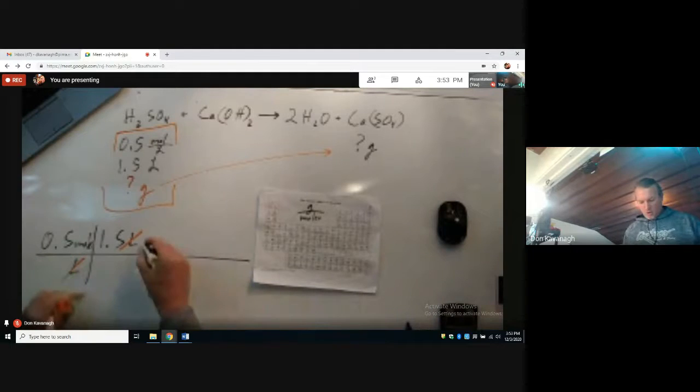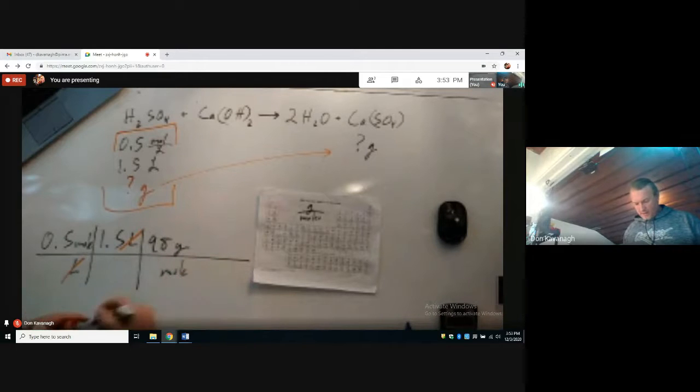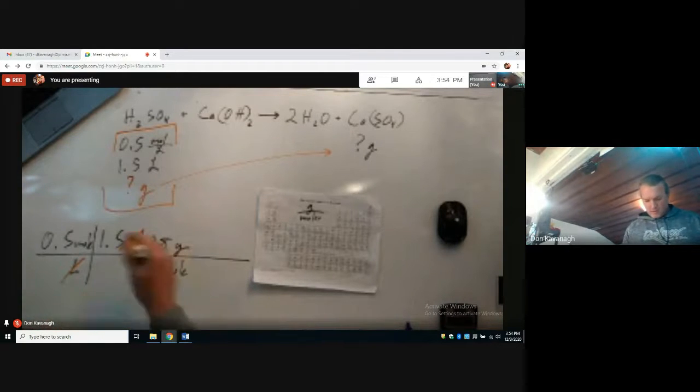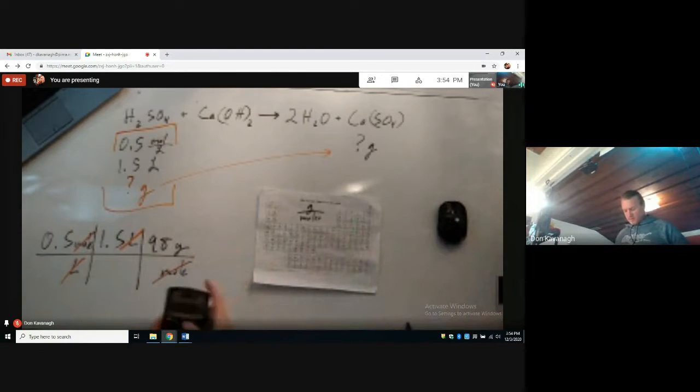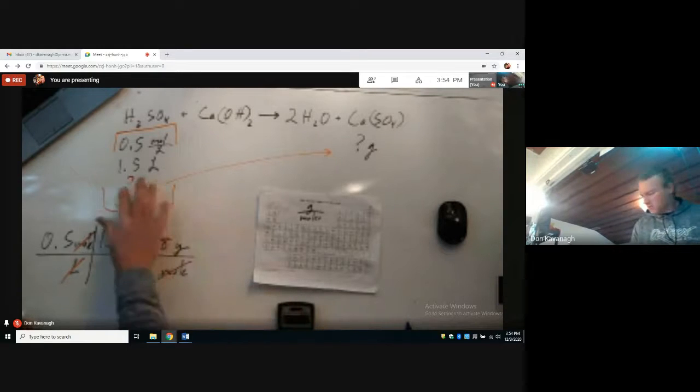I want to make moles cancel out. Okay, this is going to fly in right on top. Moles cancel, grams is in the numerator. That's all I need. 73.5 grams.